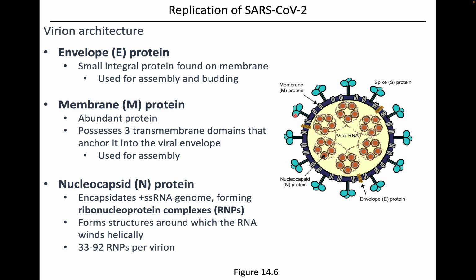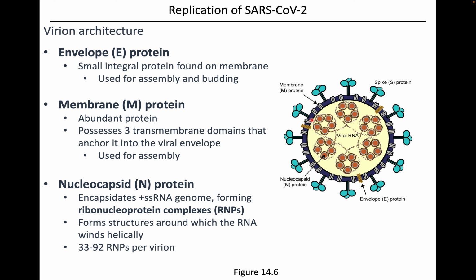So that's spike protein, and then you can see within the viral envelope we have these envelope proteins shown in yellow here. These are integral membrane proteins, and although we're light on details, we think they're important for assembly of new virions in the host cell as well as the budding process.